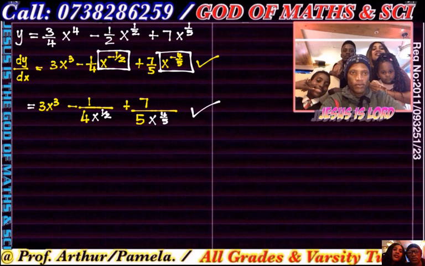But you can go further. Further, you leave it with square roots. You know square roots and cube roots, ne? So, this will remain 3x to the power of 3 minus 1 all over the 4. If you want to know its square root, cube root, whatever, you look at the exponent.